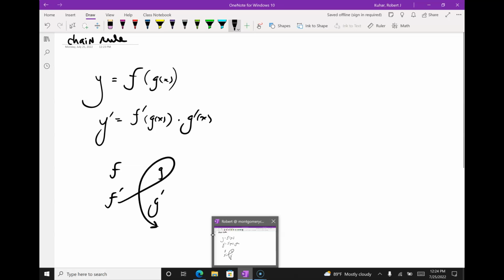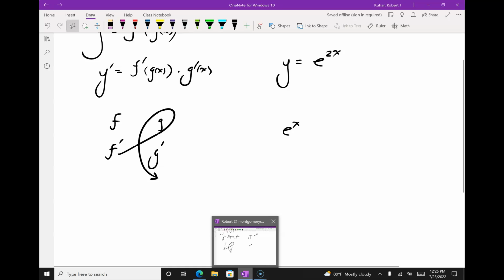So let's look at a quick function here. Let's do y equals e to the 2x. What's the outside function? E to the x, yep. What's its derivative? E to the x.